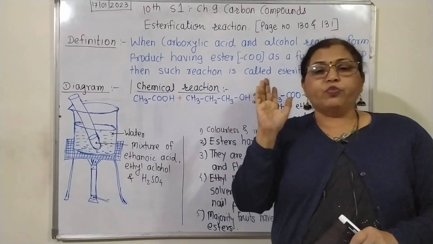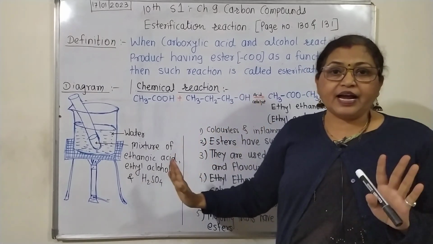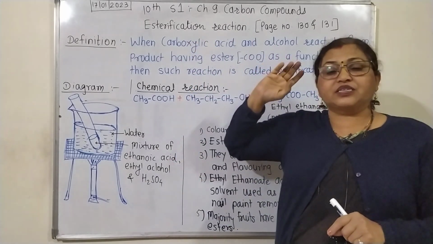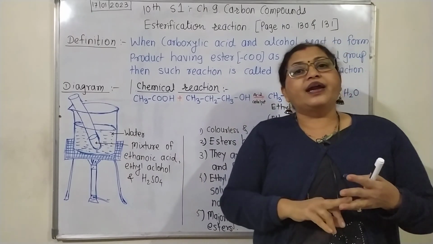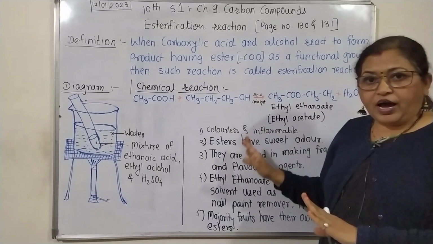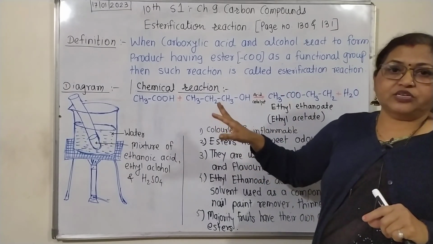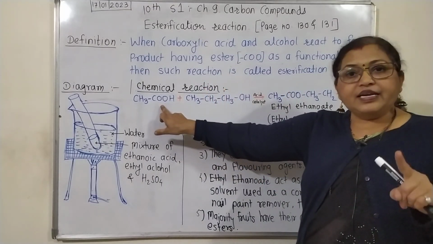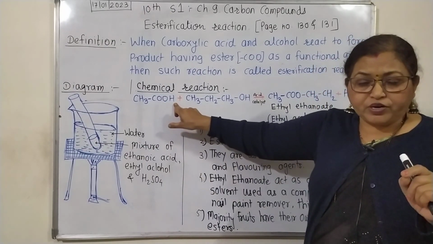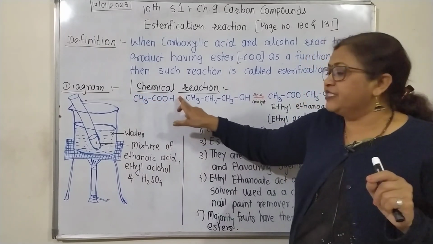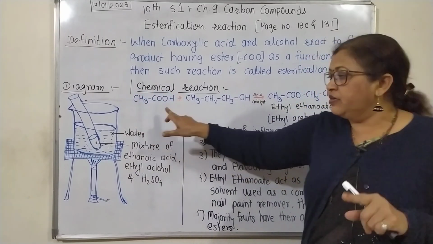So according to your board exam, most important reaction, that is esterification reaction, which takes place between carboxylic acid and alcohol. According to our textbook, in your textbook, the reaction, as you know, that COOH, this functional group indicate that it is ethanoic acid.